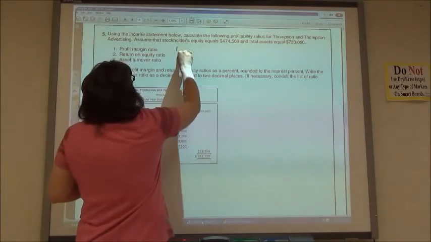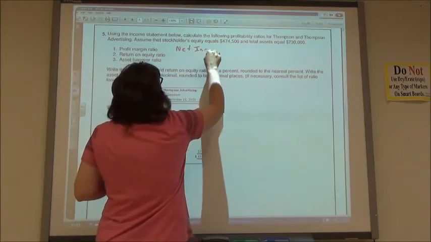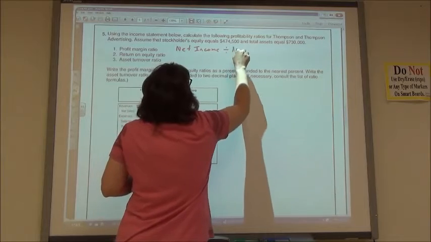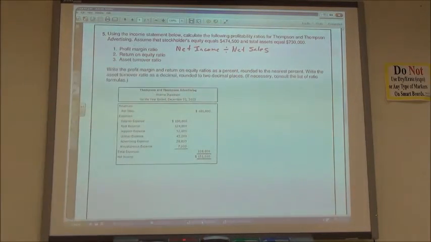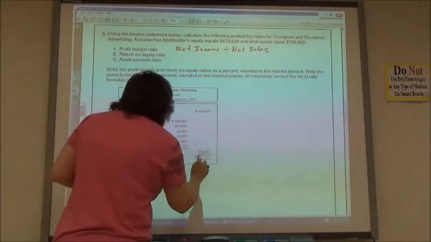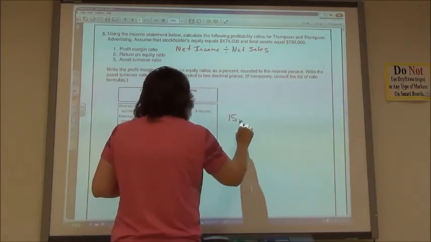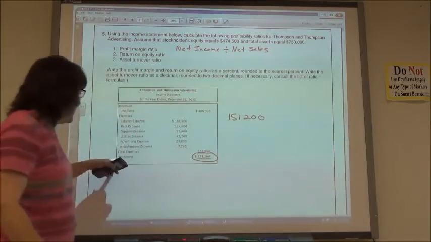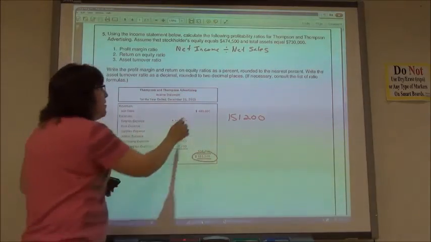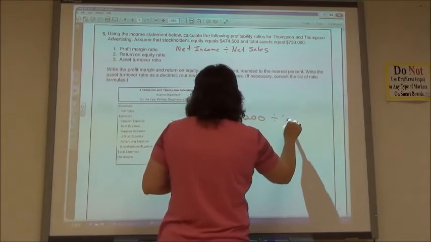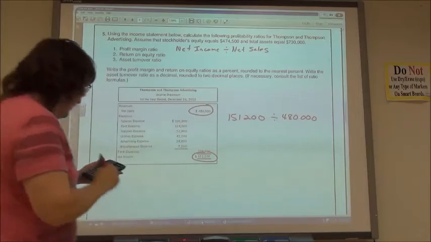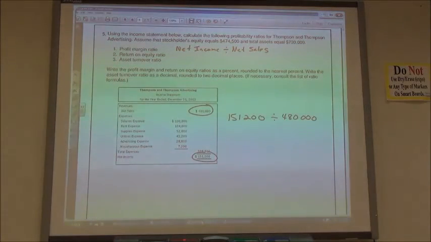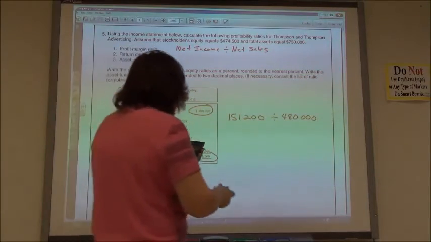So net income is way down on the bottom, $151,200. Net sales is up there on the top, $480,000. So $151,200 divided by $480,000.